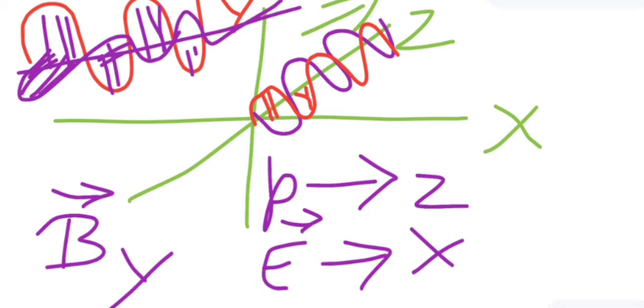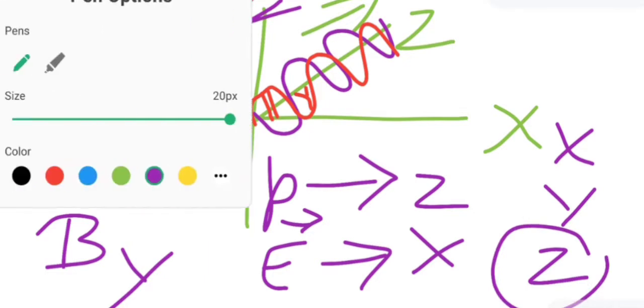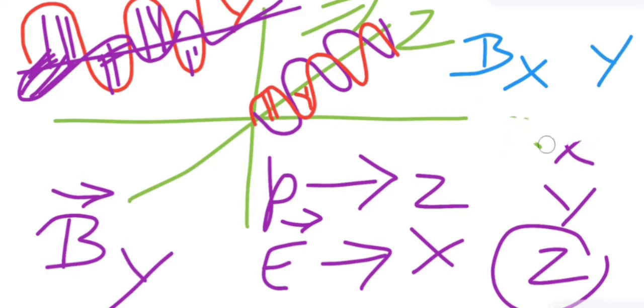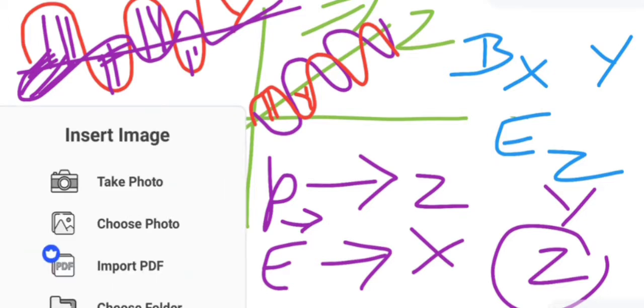So what you have to know is, if two are already along the x-axis and y-axis, the other will be along the z-axis. Or, if the magnetic field is along the x-axis and the propagation is along the y-axis, then automatically the electric field will be along the z-axis. Let me show you one simple question.